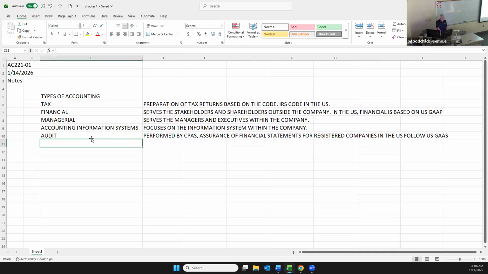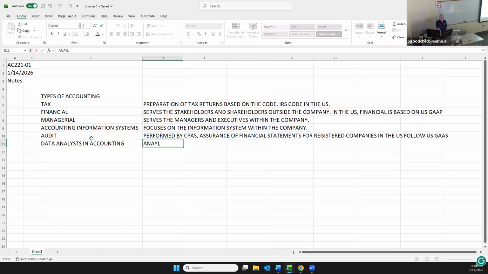And then recently, you're starting to see data analysts in accounting. You kind of need a longer definition in this, but basically they're analyzing within an accounting context.